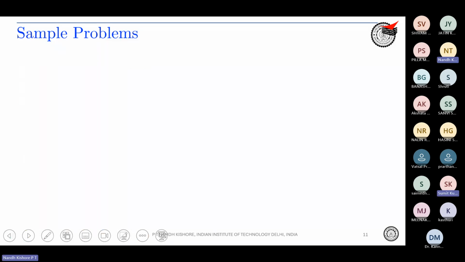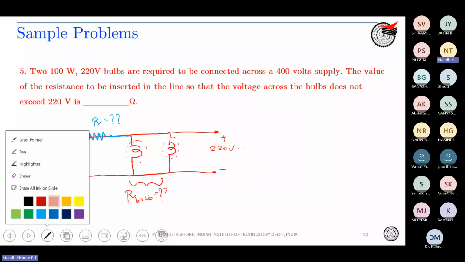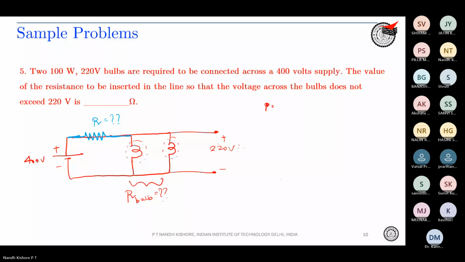So you know that P is equal to V square over R. Therefore, R is equal to V square over P. So R bulb will be V bulb, the whole square divided by P. So V bulb is given as 220 volts and P is 100 watts.